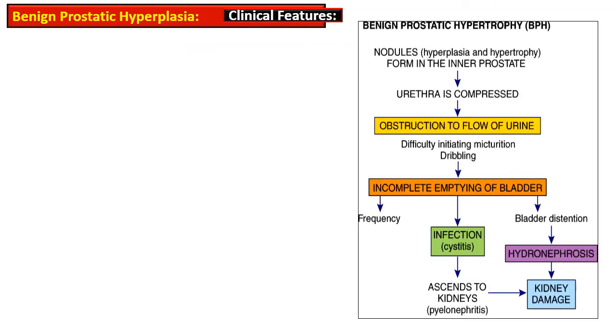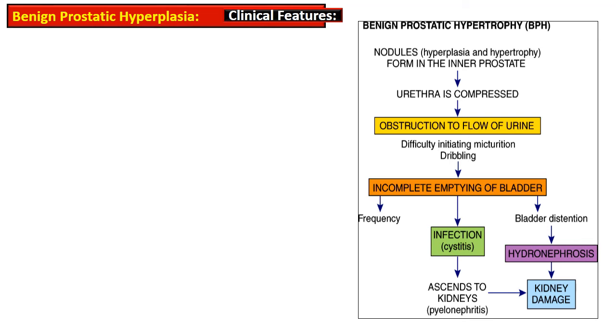In benign prostatic hyperplasia, there are nodules, and these nodules are formed around the urethra. The urethra is compressed due to these growing nodules, and there is obstruction to the flow of urine.